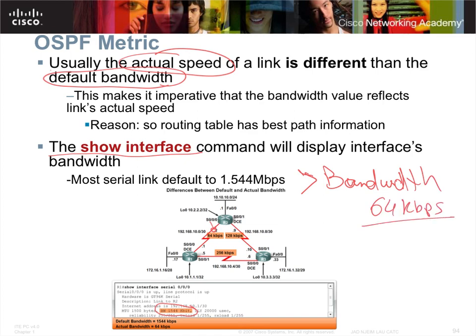In that case, OSPF will pick up this new bandwidth, and the cost on this link will be 10 to the power 8 divided by 64,000, which will be very high, right? So that's the difference between the actual bandwidth and the default bandwidth.